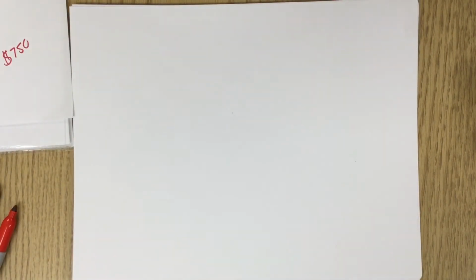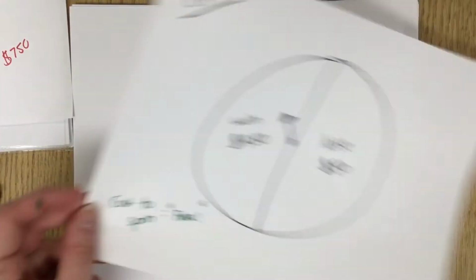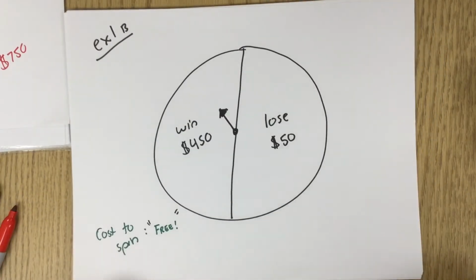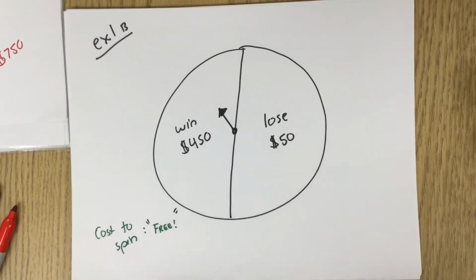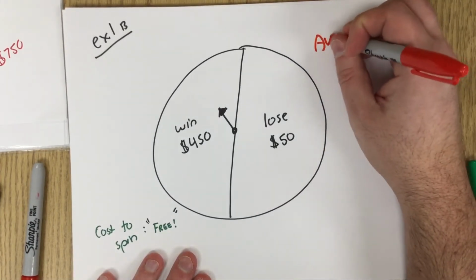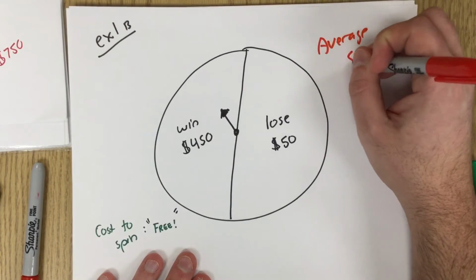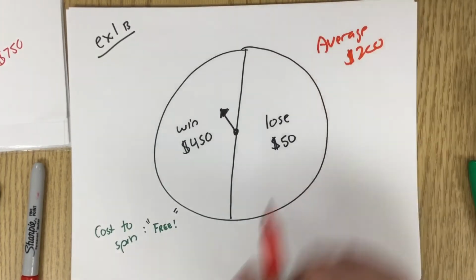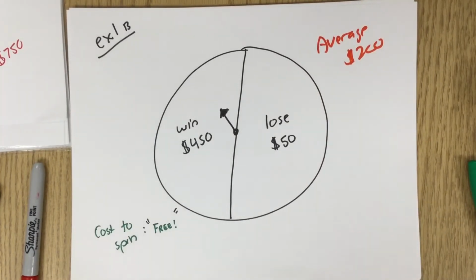If we look at the alternate version of the same wheel, we could win $450 or lose $50. On average, the average of 450 and negative 50 is 200. It's a little harder to see with this version of the wheel, which is why I did this one second.